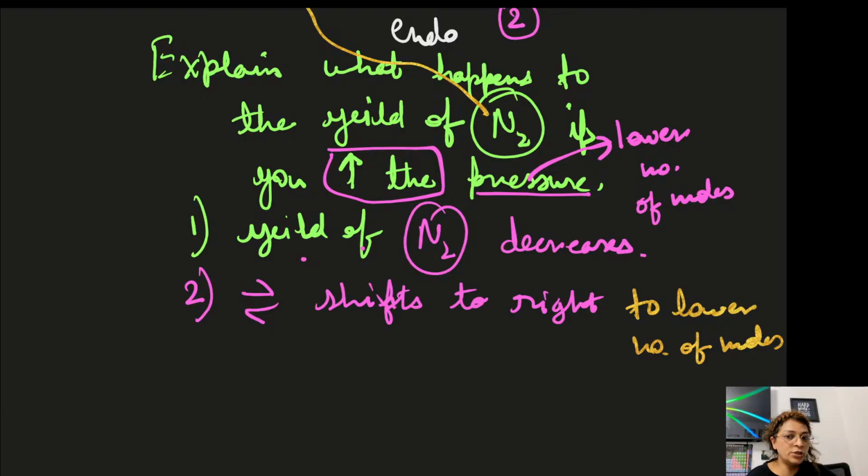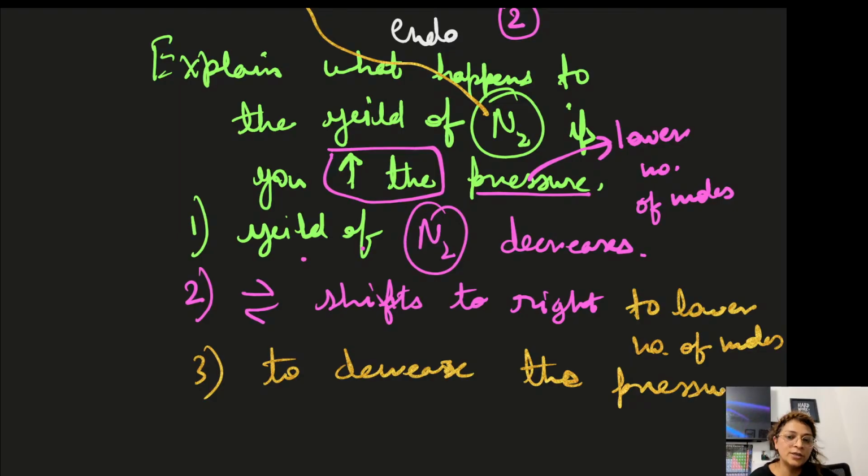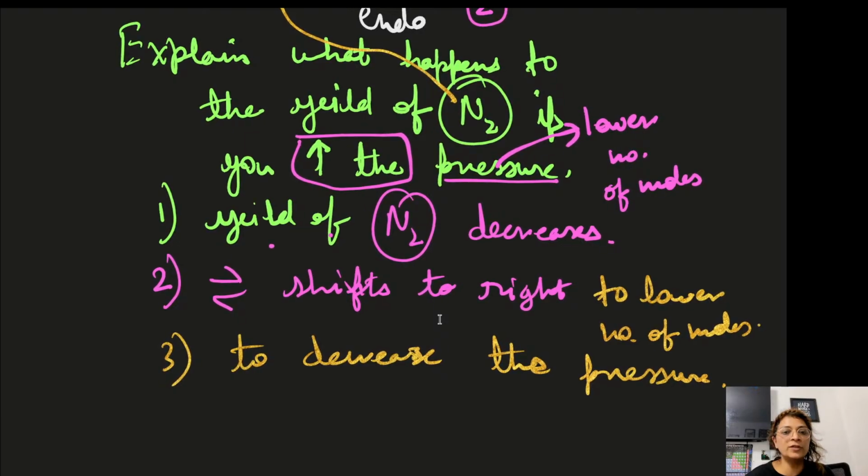Why is it shifting to the right to lower number of moles? In the chat again. Come on. Very good, Scarlett. Third marking point, to decrease the pressure. Very good. If you stick to these key terms, can you take a picture of this if you want to? Just stick to these key terms and statements and you will not lose the mark tomorrow.